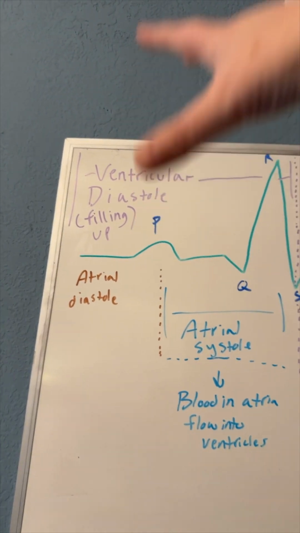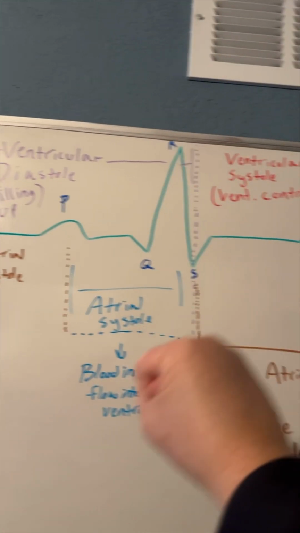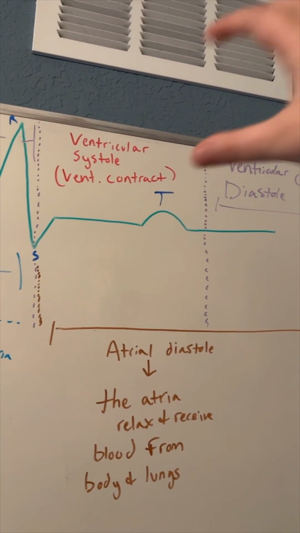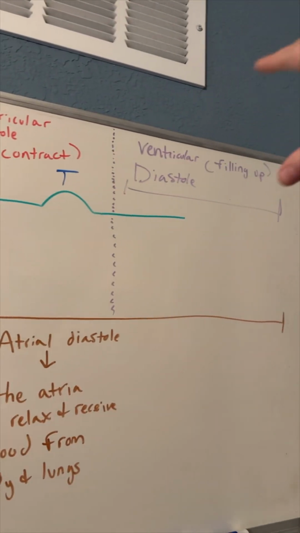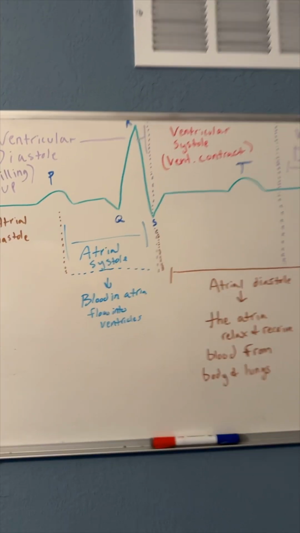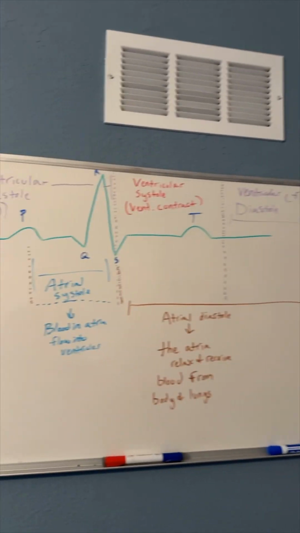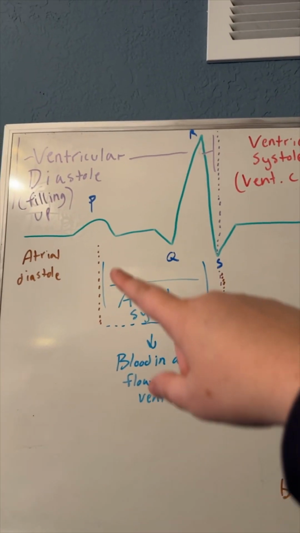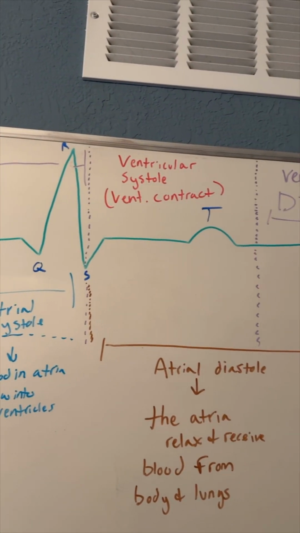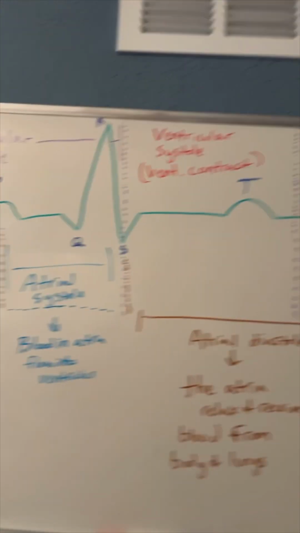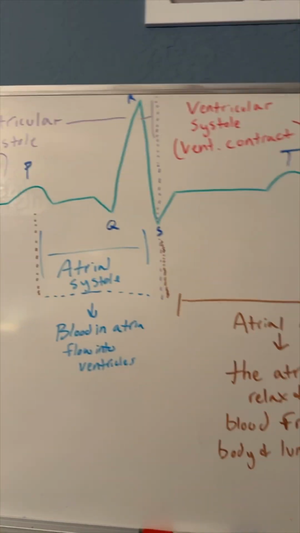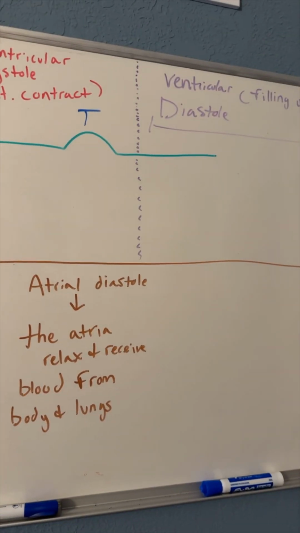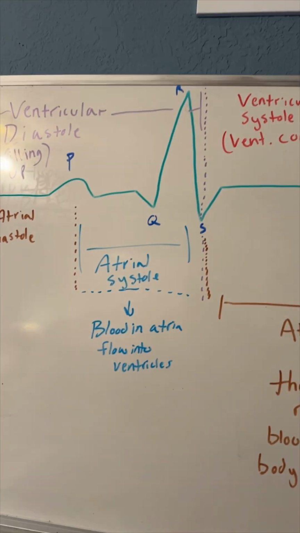When something is releasing here, something's contracting here, and so on. That's generally what we're talking about. It's important to know that there needs to be a certain electrical pattern for that to happen, because we're going to see that disrupted in these specific dysrhythmias.